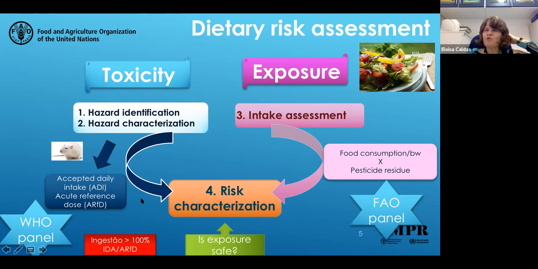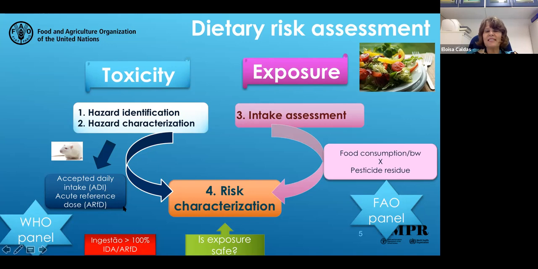Metalaxyl-M was supposed to be finalized in 2018. But why was it not done so? Because I had done my work in the FAO part, but WHO needed additional data to establish an ADI and acute reference dose.